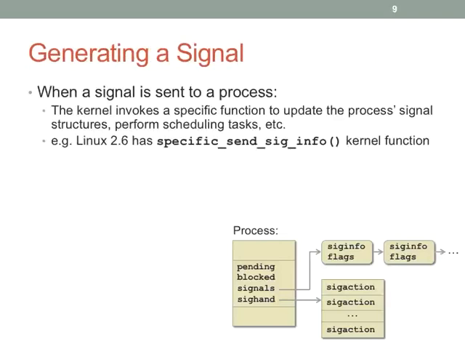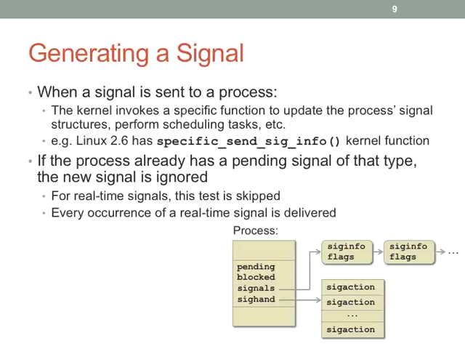So there's a specific function that's invoked, and it's specific in the name, it turns out, that updates a particular process's details to say this signal is now being delivered. And it is surprisingly sophisticated for what needs to be done, because you may already have a pending signal of that type, and if it happens to be a non-real-time signal, then if it's already in the queue, it's not recorded again, because we just need to record that there's one instance of that type.